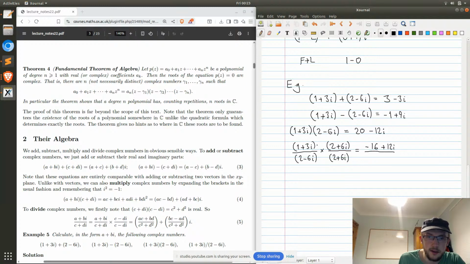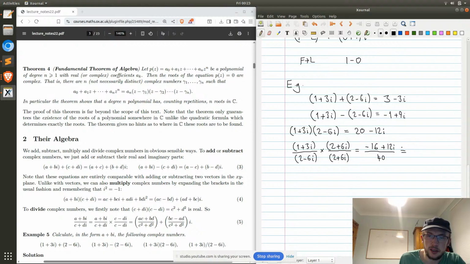And down here, the outside and inside will cancel out by design. And then we have 4 plus 36, which is 40. And this can be simplified.